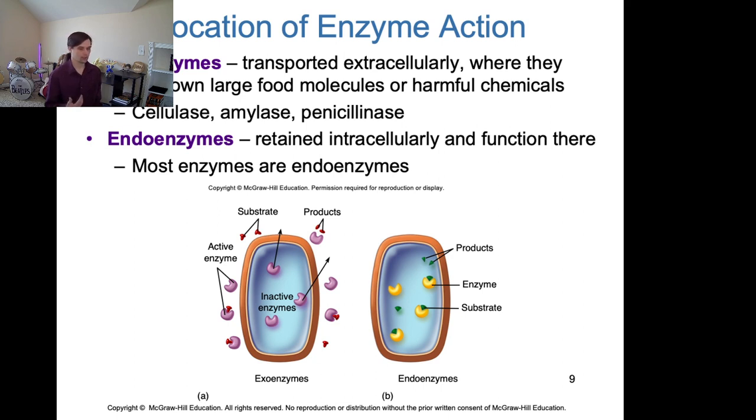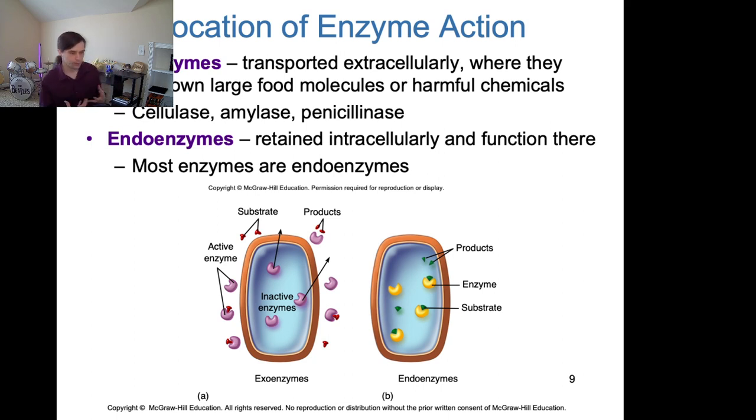Or it's going to produce them and get them out of its cell, because it's going to need them to digest things. That's an exoenzyme. An endoenzyme is going to be the vast majority of them, the ones that cells need to maintain their life as a cell. Things that are involved in metabolism, things that are involved in making new DNA and RNA and things like that.